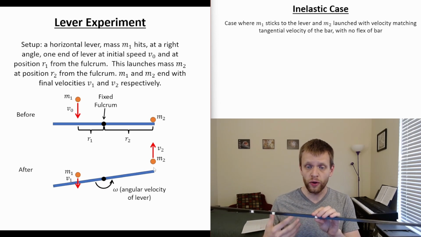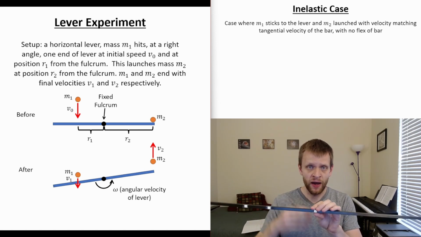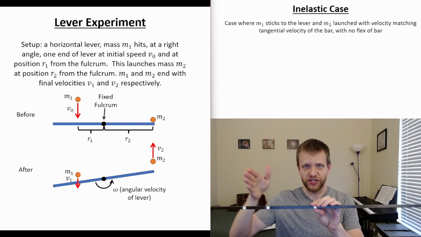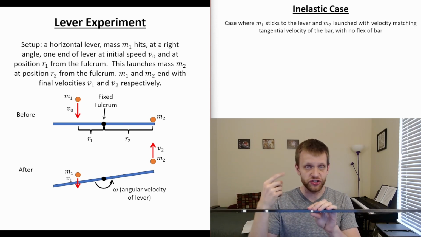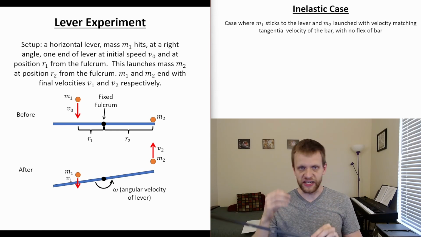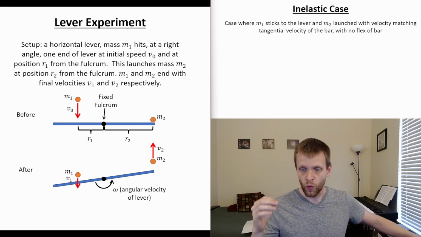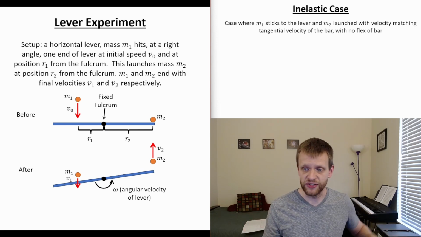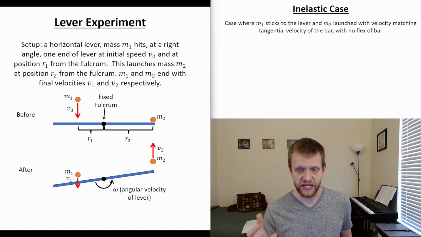We want to look at different setups, with different masses hitting at different distances, either sticking to the lever or bouncing off the lever. What we want to do in this video is experimentally demonstrate what happens in these different cases and identify the key physical principles that come into play.